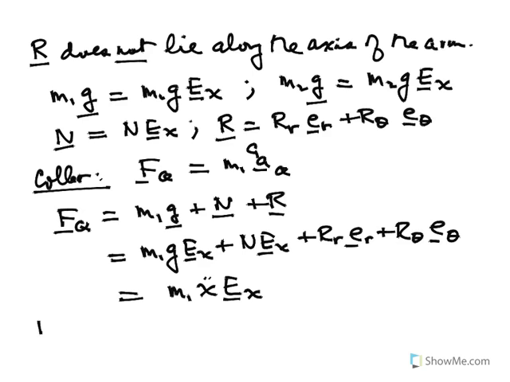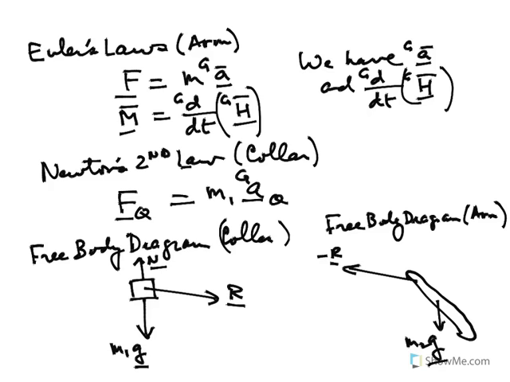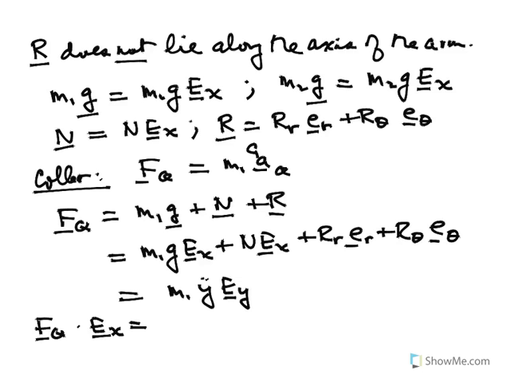So if we take F_Q and we dot it with ex, we get, this is m1 y double dot ey. If we go back over here, you'll actually see that yes, it's the acceleration of Q. So I forgot that I put y in the horizontal direction.